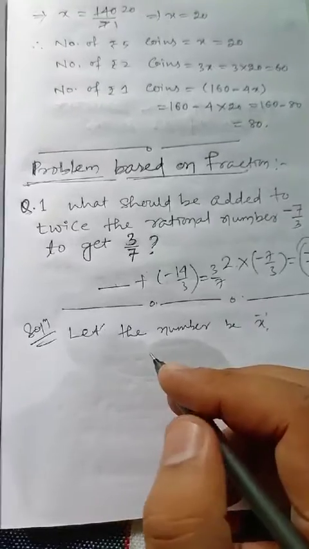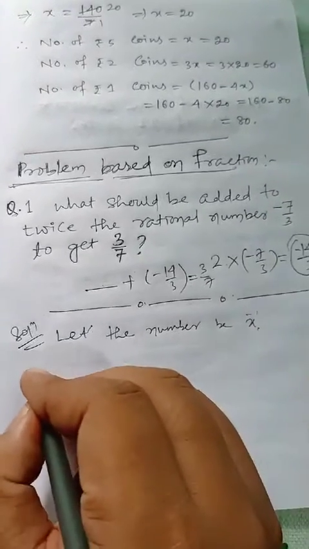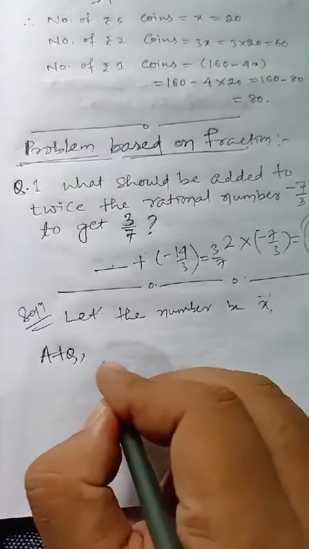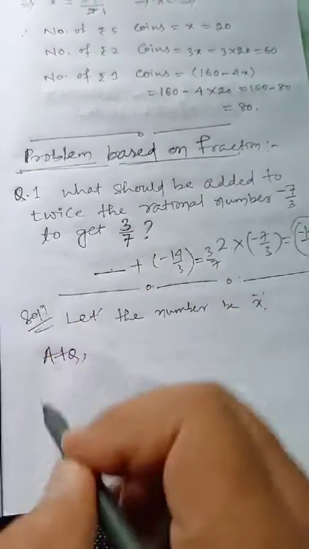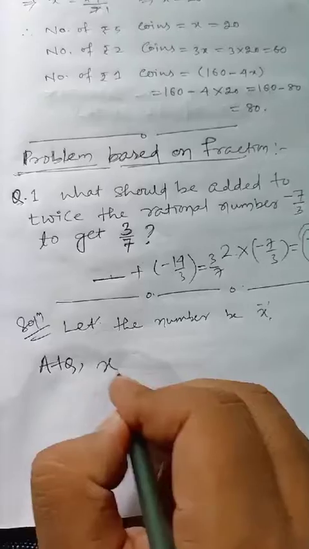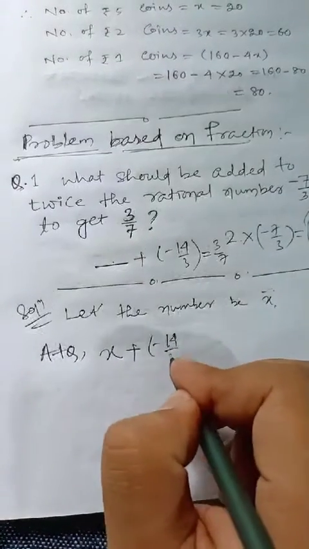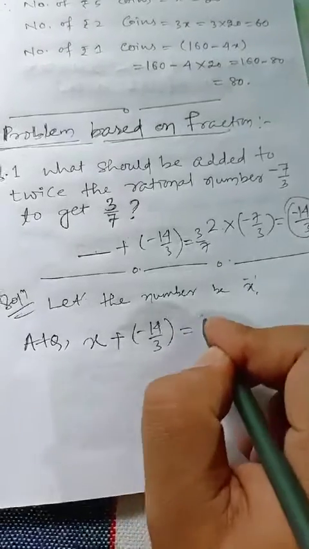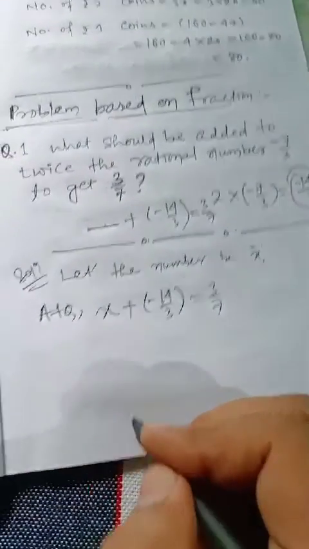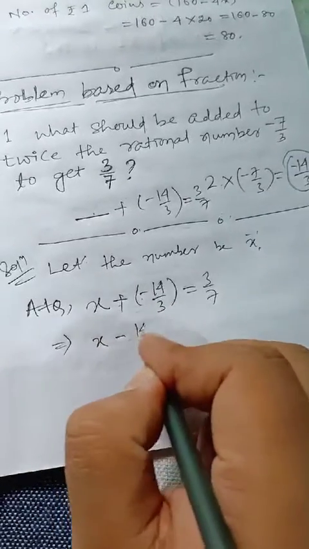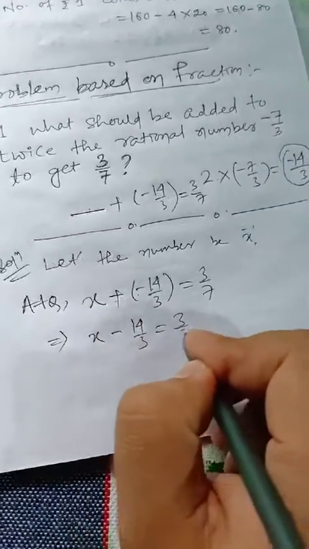According to the question, in the blank I will write x. So x is added to minus 14 by 3 to get 3 by 7. In the next step, what will happen? x plus minus 14 by 3 is equal to 3 by 7.